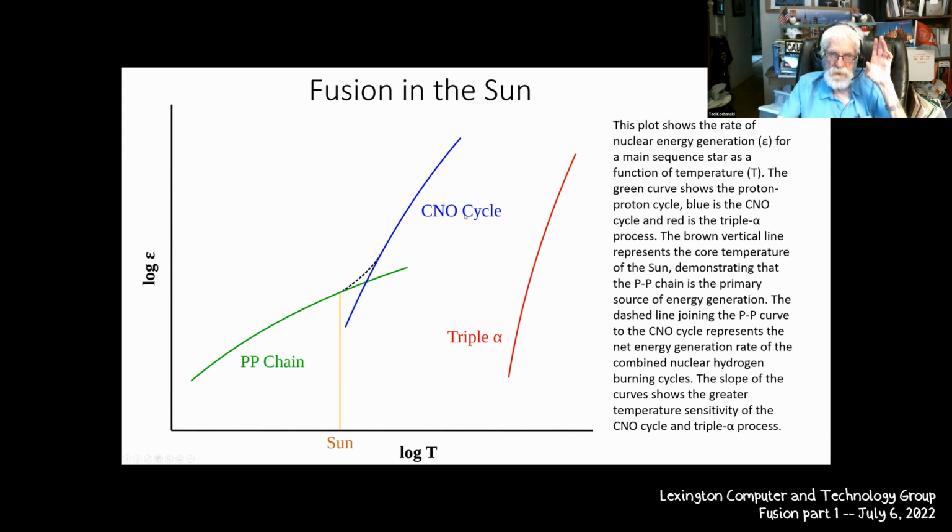The CNO cycle, or this catalyzed carbon thing, a little bit of this comes out of the sun. You can see its curve actually goes down and below here. And so it does intersect, but the vast majority of the energy is coming from this proton-proton chain.